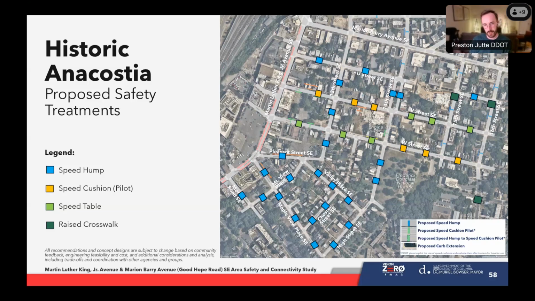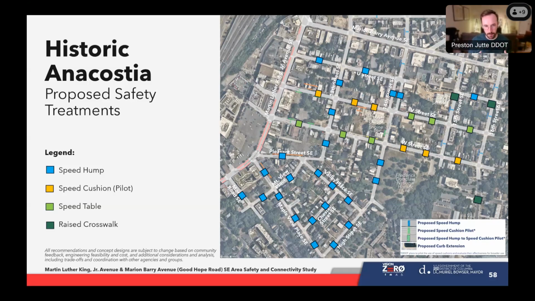So we've made some adjustments where you can see the yellow boxes coming out from 14th Street in the two directions, coming out away from 14th Street. We want to pilot those speed cushions in the primary directions that the firehouse needs to get out of the neighborhood. So when they're responding to an emergency, by and large, their primary route is V Street to the west, or it is W Street to the east to try to get to 16th Street to go towards Congress Heights.